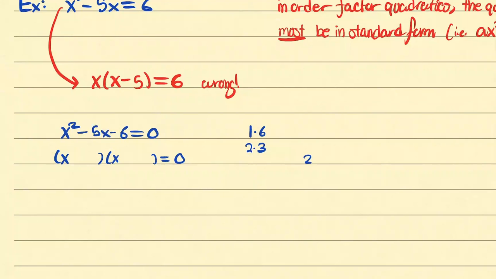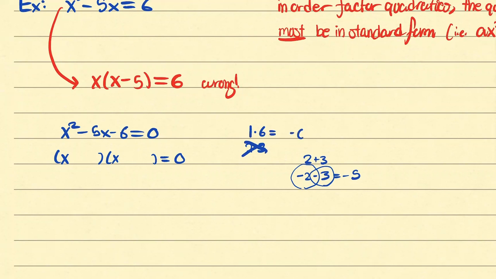They either have to be 2 and 3 positive, or -2 and -3, adding together to get -5. But if I multiply -2 and -3, I get +6. So any form of 2 and 3 actually can't work out for us. So it has to be some version of 1 and 6.